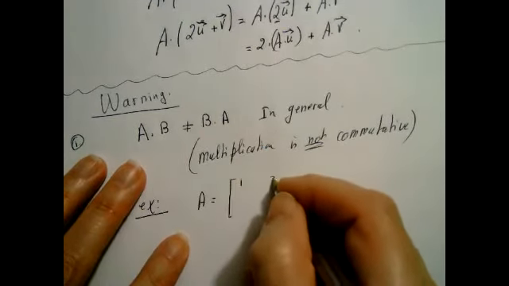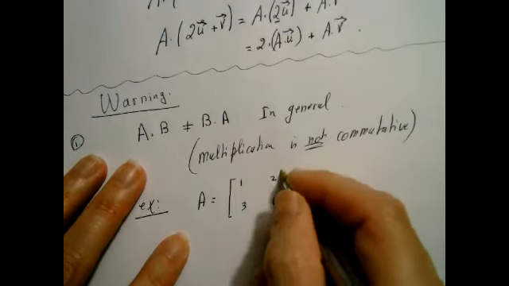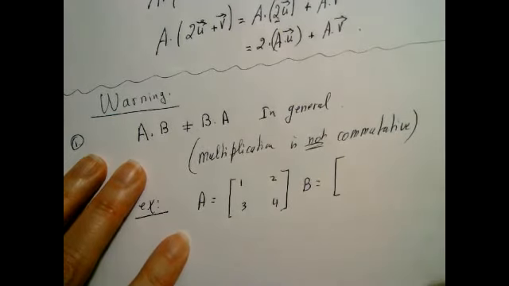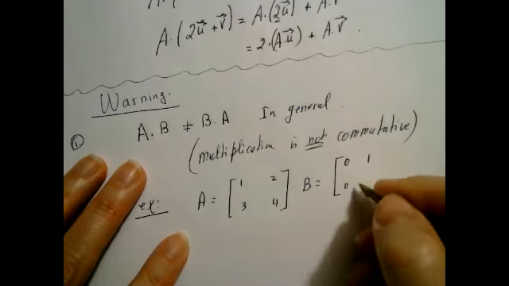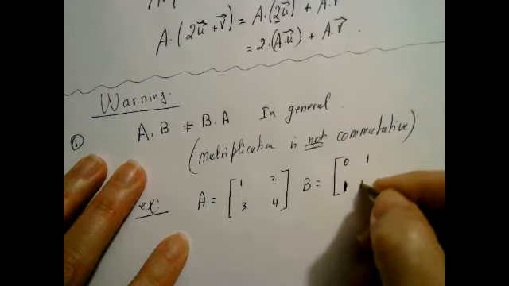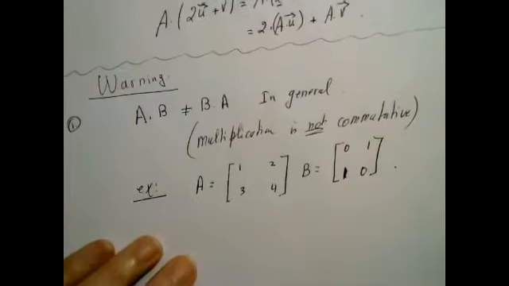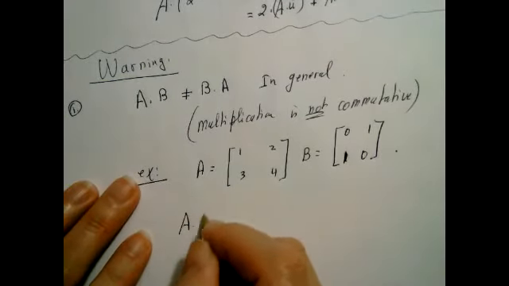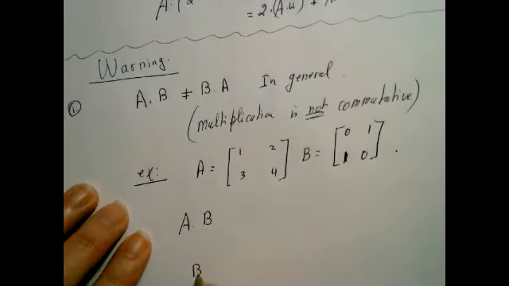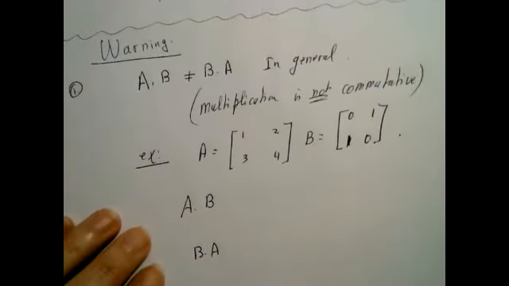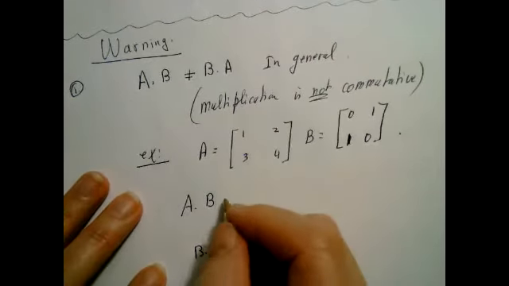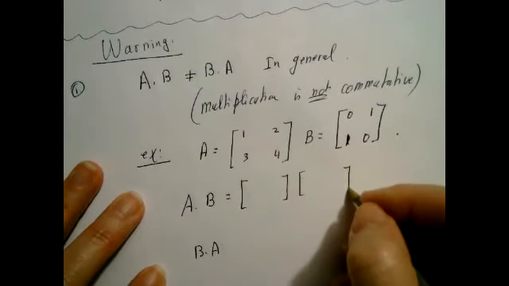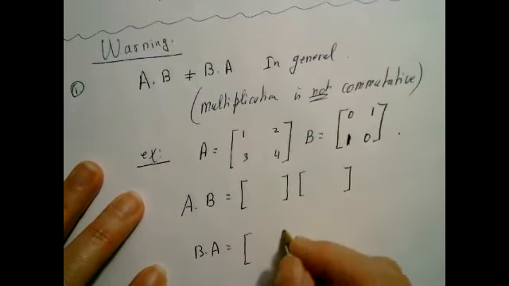Suppose I take A to be 1, 2, 3, 4, and B something simple. Now AB is defined because it's 2 by 2 times 2 by 2, and BA is defined too. So we don't have a problem there, but let's compute A times B, and let us compute B times A.